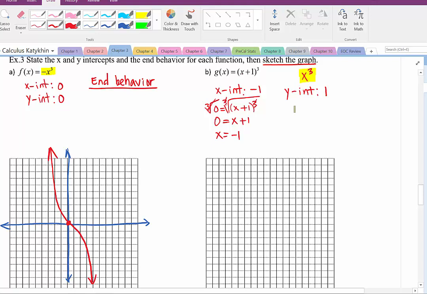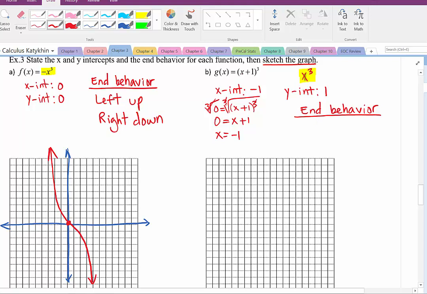So now let's look at the end behavior. And remember what we're looking at. Here, in example A, we had the left going up and the right going down.